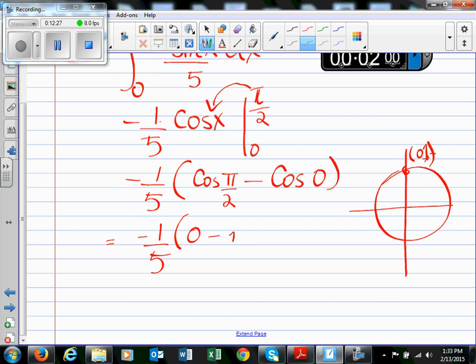It's 1. So 0 minus 1 is negative 1, right? So this will be negative 1. So negative 1/5 times negative 1 will be 1/5.